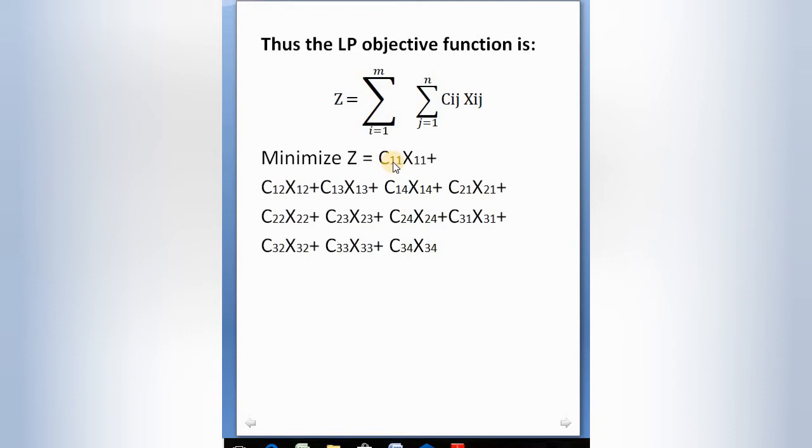It means in the first constraint of source, source 1 to destination 1, source 1 to destination 2, source 1 to destination 3, source 1 to destination 4, and source 2 to destination 1, source 2 to destination 2, source 2 to destination 3, source 2 to destination 4, as well as source 3 means C: source 3 to destination 1, destination 1 means D; source 3 to destination 2, destination 2 means E; source 3 to destination 3 means F; source 3 to destination 4 means G. C 3 is C, 4 is G.